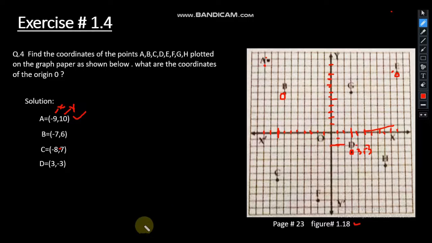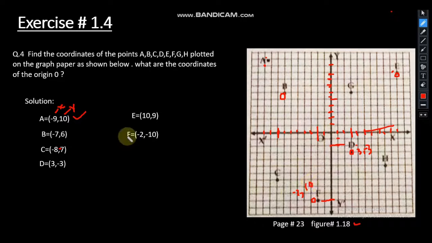Both are in the first quadrant and lie here, so we can write 10, 9. Okay. F we can write here, which is 2 in the negative x-axis, and 1, 2, 3, 4, 5, 6, 7, 8, 9, 10. So this is the point here, so we can write minus 2 and 10.